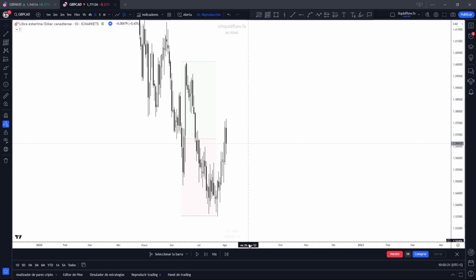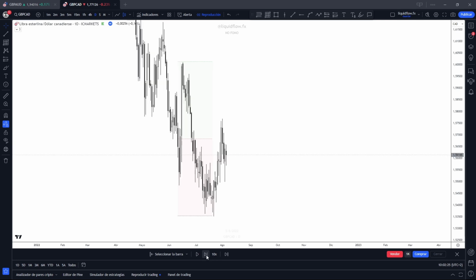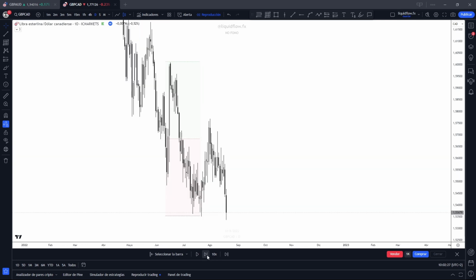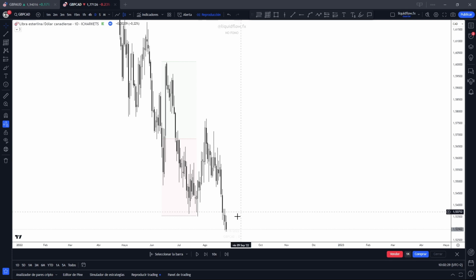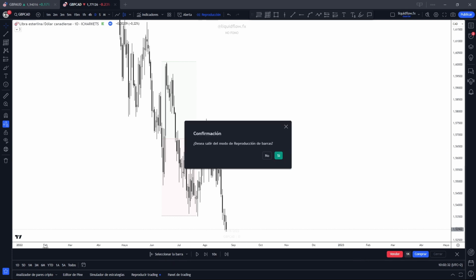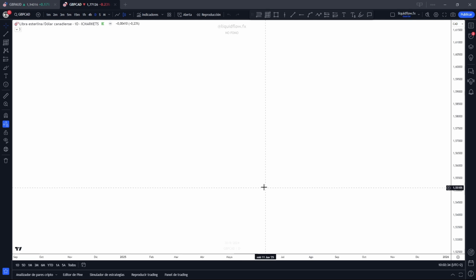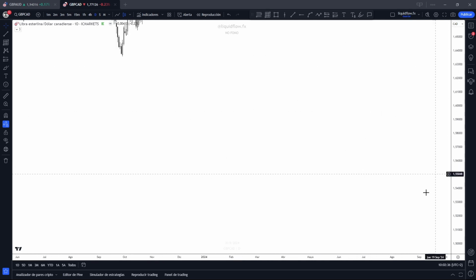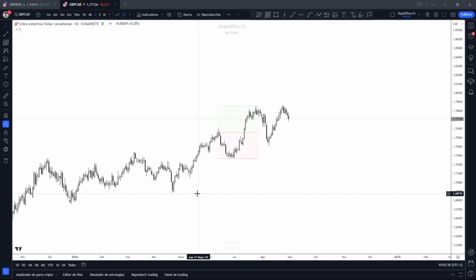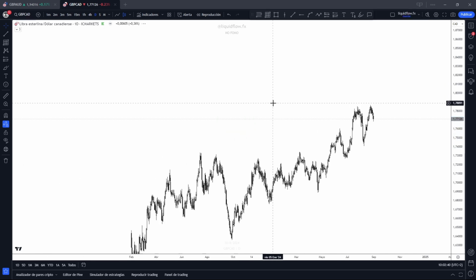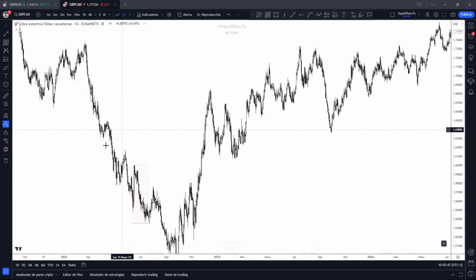To what? To give us the opportunity to get the sell and catch the movement. Okay, so that is how we can use the premium and discount area.